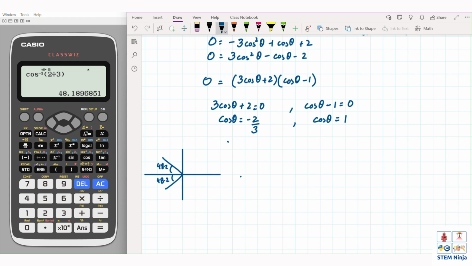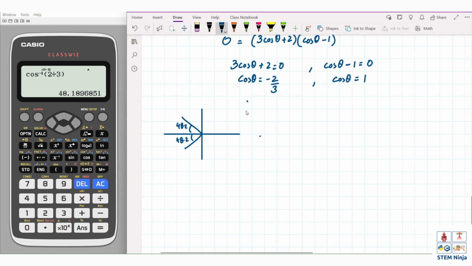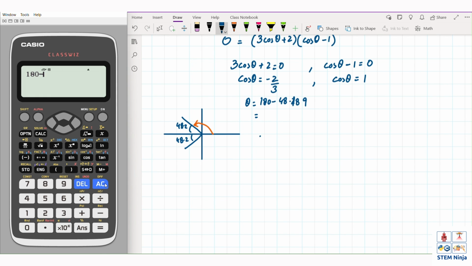Since we are looking for 0 to 180 degrees, that is the answer we got. The primary angle is 180 minus 48.2. You could have more decimal places over here, and we do 180 minus the answer. That gets us 131.8, exactly the same thing which we got before.